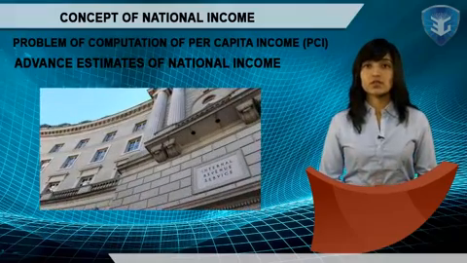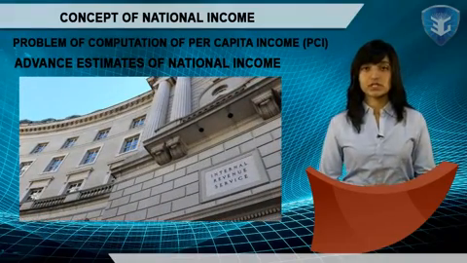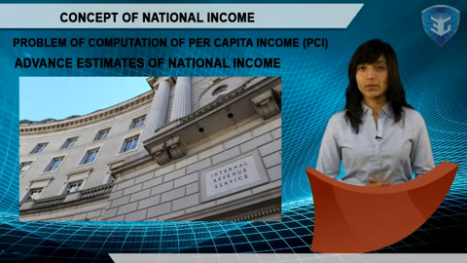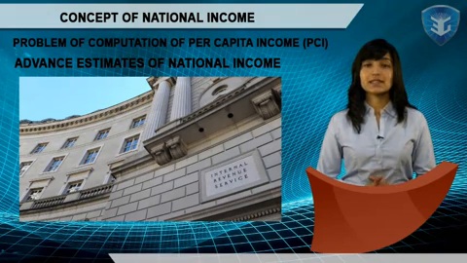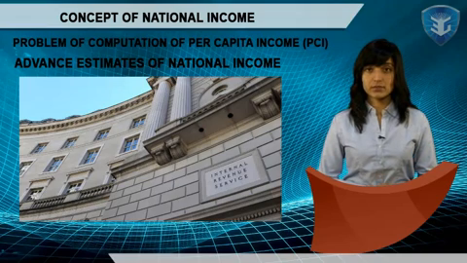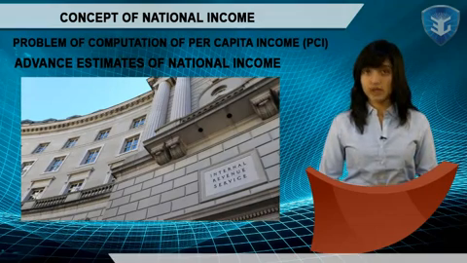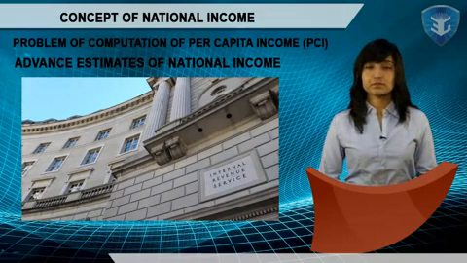Advanced estimates of national income. The Central Statistics Office, CSO, Ministry of Statistics and Program Implementation, has released the advanced estimates of national income at constant 2004-2005 and current prices for the financial year 2012-2013.